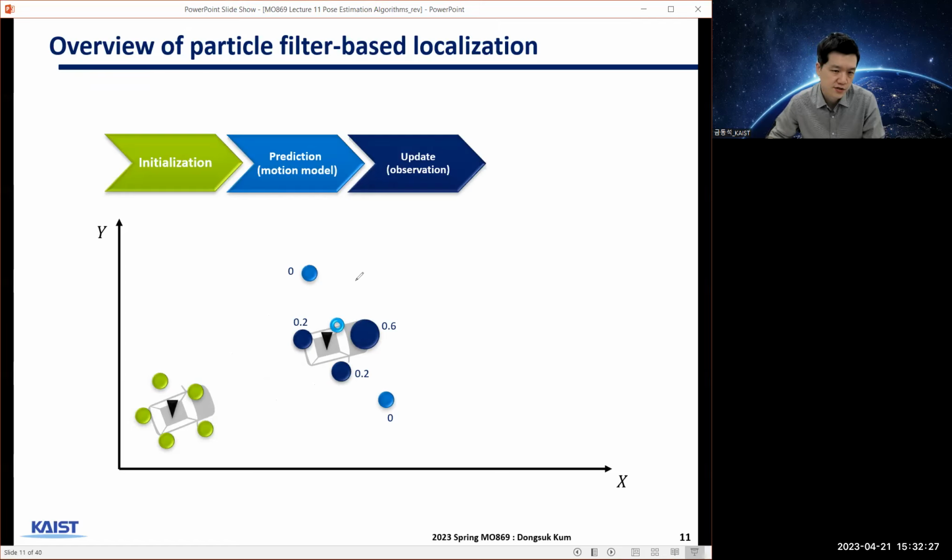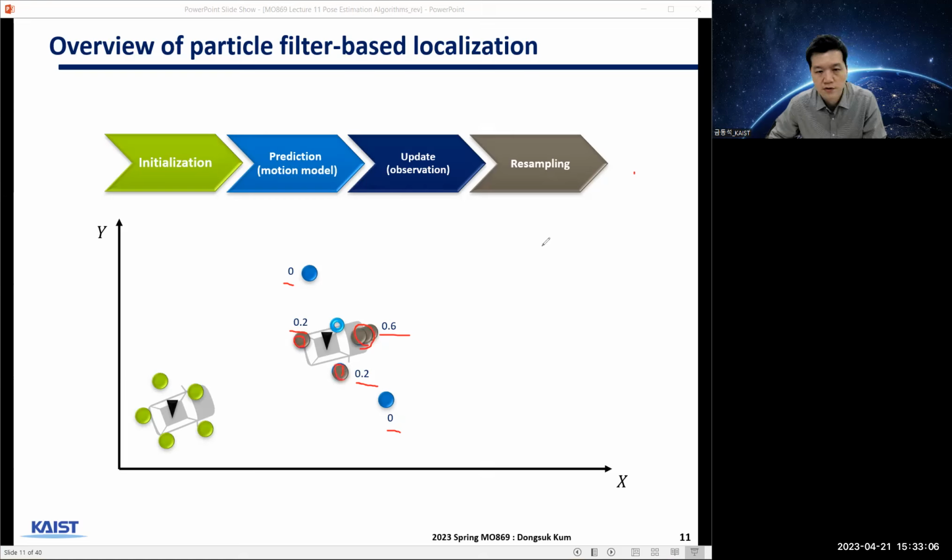So in this example, we are going to put 0 for ones that are far apart from the measurements, and 0.2, 0.6 for these 3 particles. And then that means we are going to resample based on the weights. And that's going to lead to more particles in this area and fewer here. Okay.